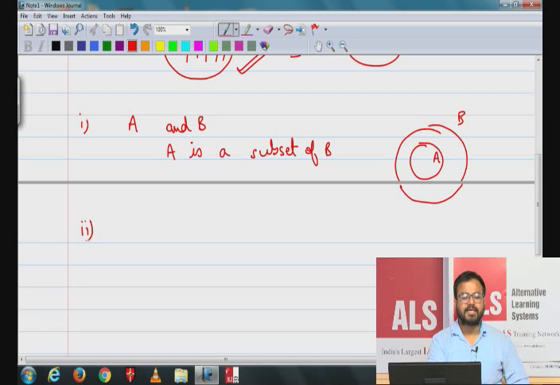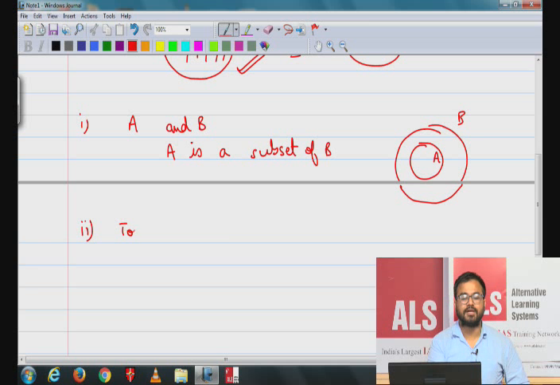Similarly, the second case can be that there are two sets A and B, and they have something in common between them, not all of them. Let's take an example: in a class there are 100 students. 70 students study mathematics and 50 students study science.